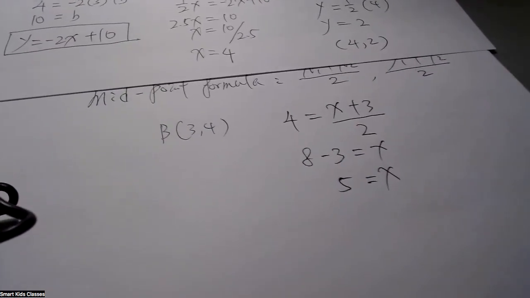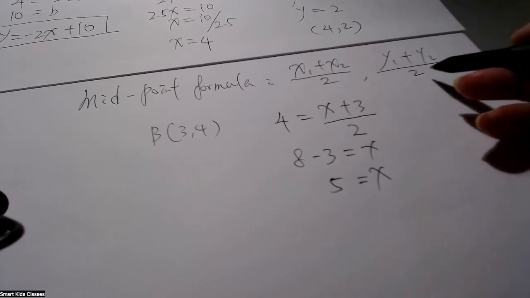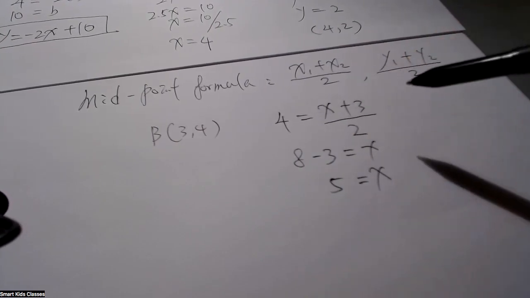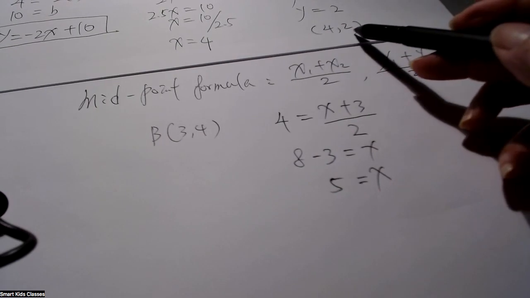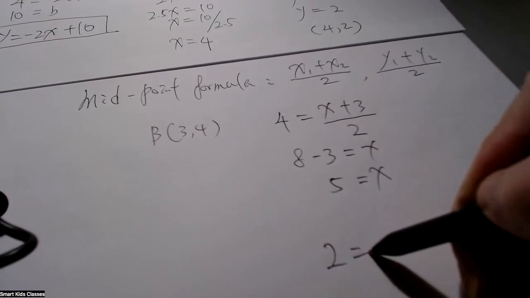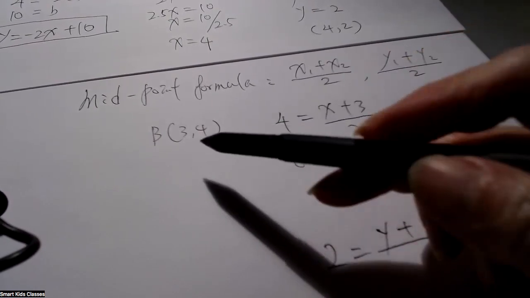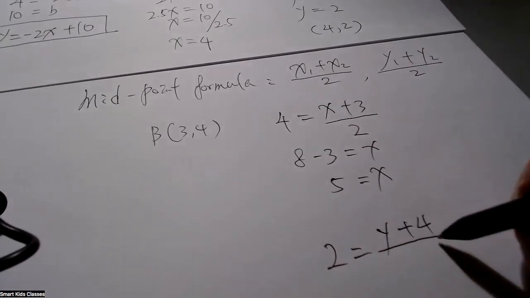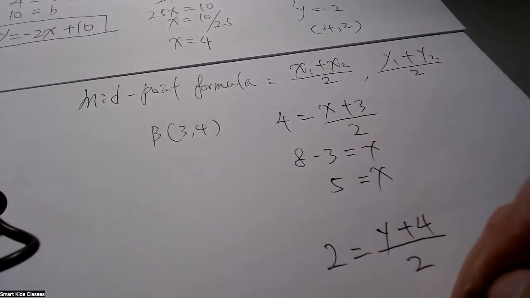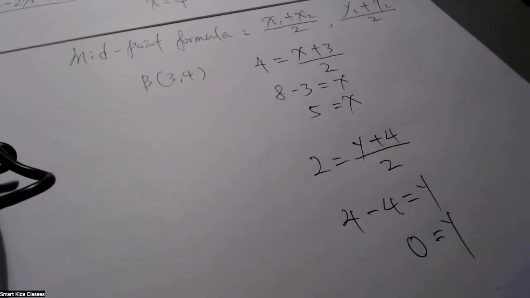Now we have to find y. We apply the midpoint formula. The midpoint y is 2, so 2 is equal to y plus the endpoint 4, divided by 2. Therefore 4 minus 4 equals y, and y equals 0. Then we find the D point.